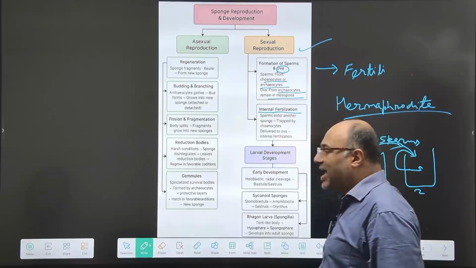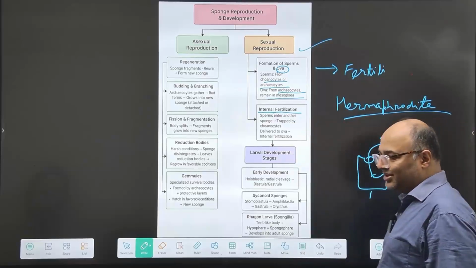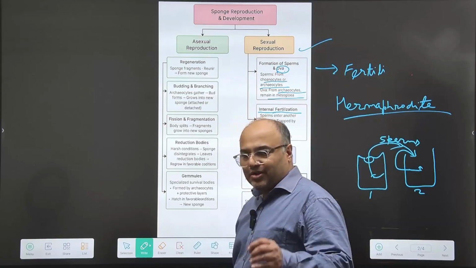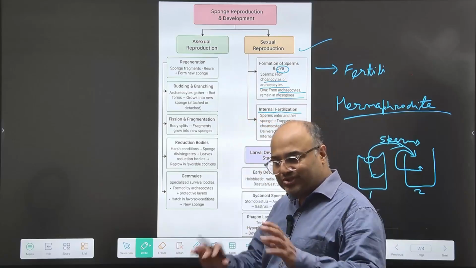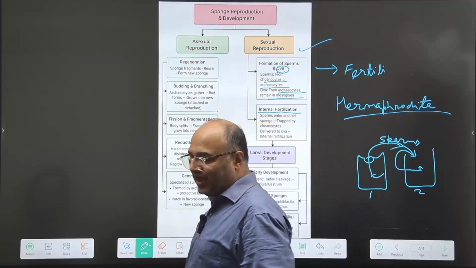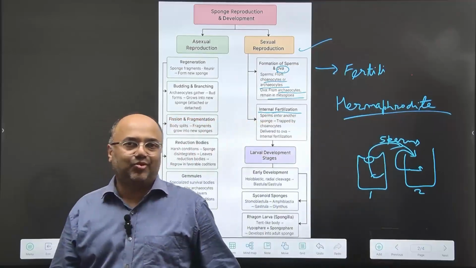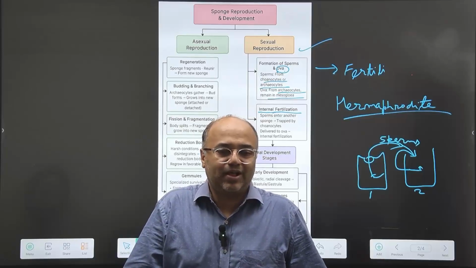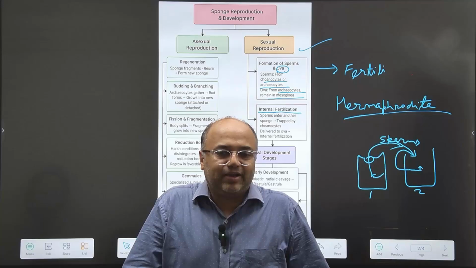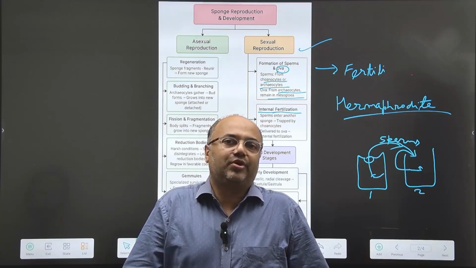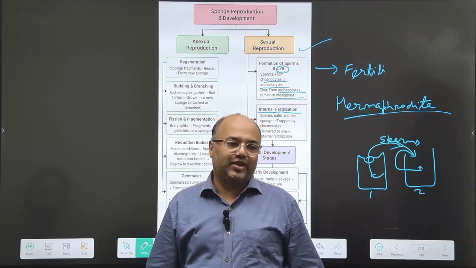That means phagocytize it, but does not digest it. So the phagocytic vacuole continues to save the sperm inside the choanocyte. This choanocyte will migrate to the mesoglia. And once it migrates to the mesoglia, the choanocyte is getting swallowed by the ova over there.